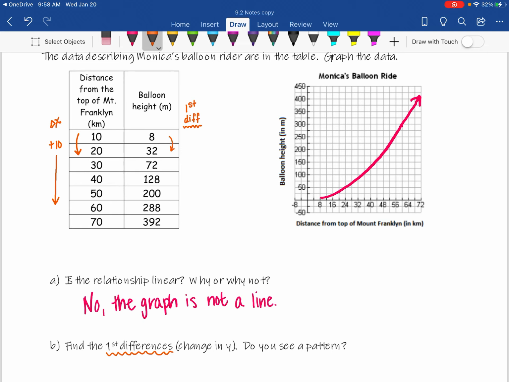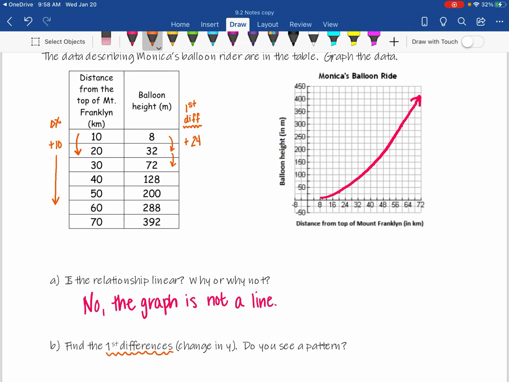If I go from 8 to 32, I'm thinking, what am I adding to 8 to get 32? We are adding 24.